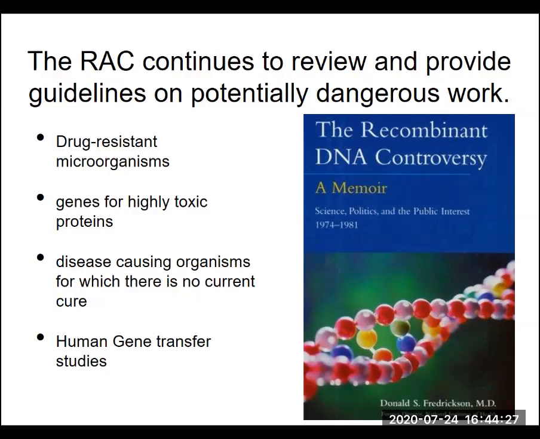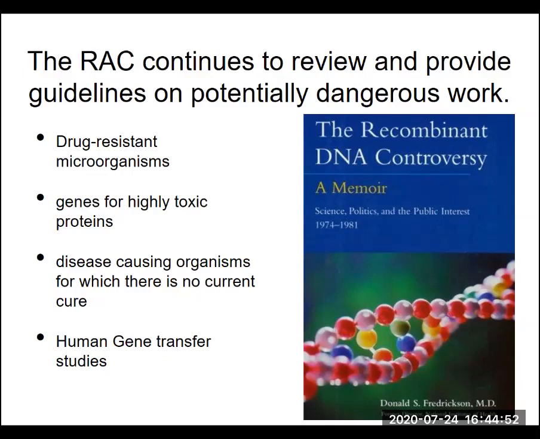If we're studying Ebola, the virus that causes hemorrhagic fever, it's primarily within the equatorial region of Africa. But if that was to get out and spread into the population, it could be devastating. So they're providing rules on that.